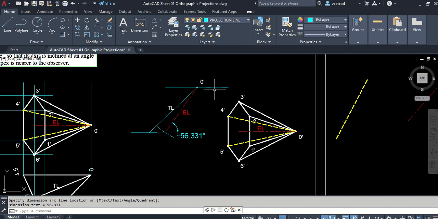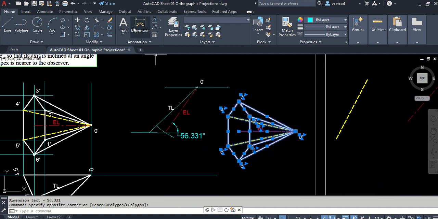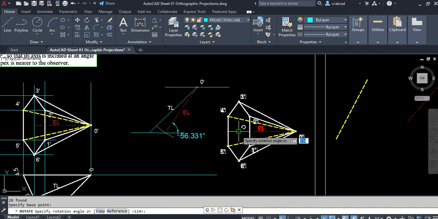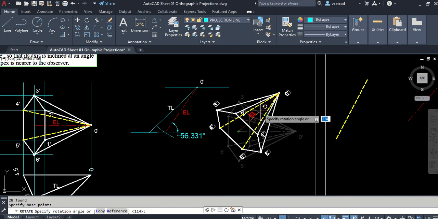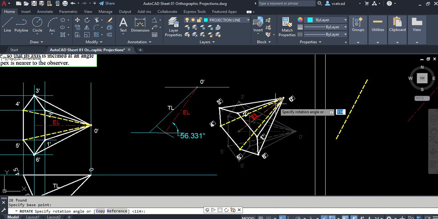In our case, directly in AutoCAD I can do this, but in actual practice you have to take points. Now I'll take an inclination of 56.331.